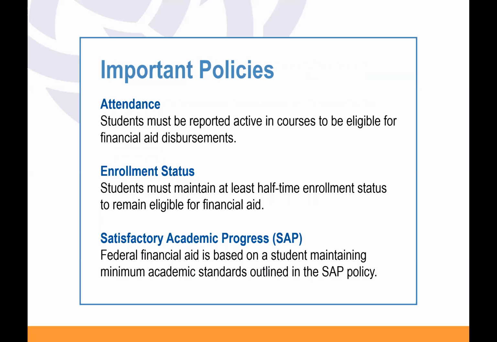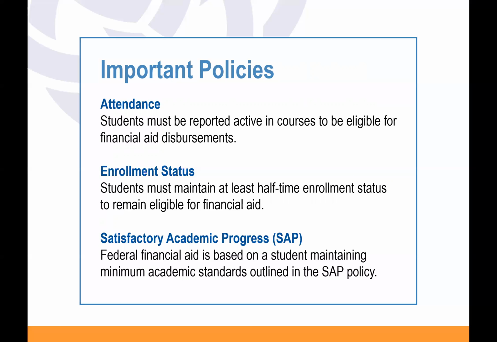Next would be satisfactory academic progress. So say, for example, you are registered for classes every semester. You are at least half-time every semester, right? But you're failing your classes, right? So that means your GPA is getting affected. So your GPA is not meeting the average, or what the satisfactory academic progress requires, right?